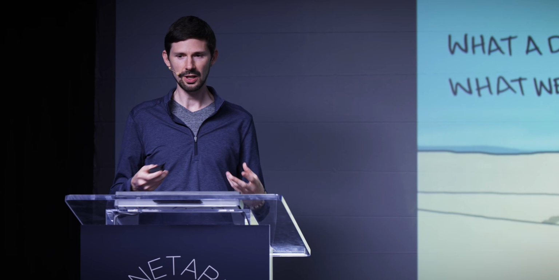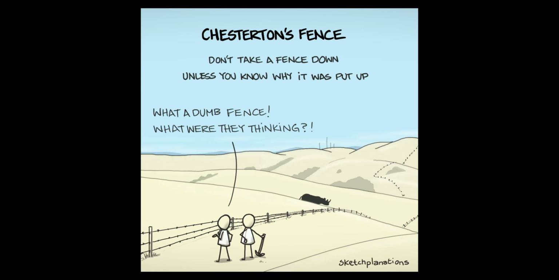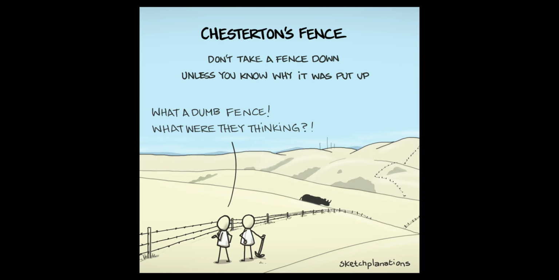And I think that's important to do because we're essentially in a Chesterton's fence situation. For anybody who doesn't know the term Chesterton's fence, I think this image does a pretty good job of illustrating it. So these people have come upon this fence in the middle of nowhere. And they're like, what a dumb fence. What were they thinking? Not seeing that there's a rhinoceros over there that the fence is meant to contain.